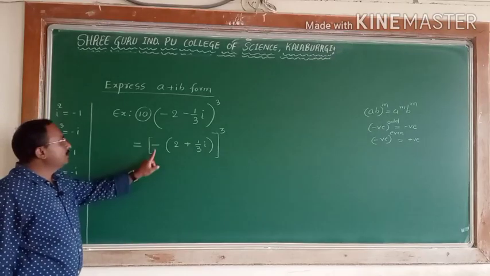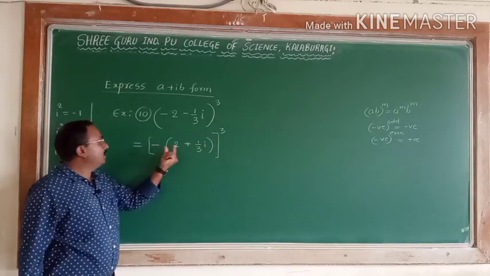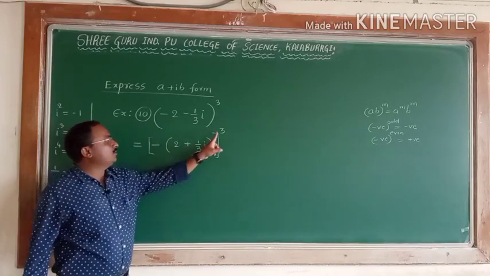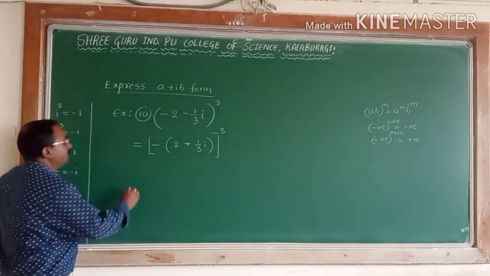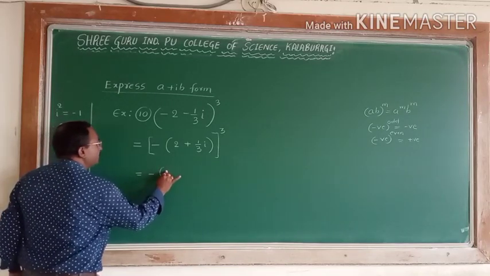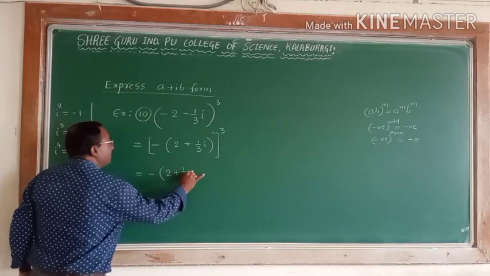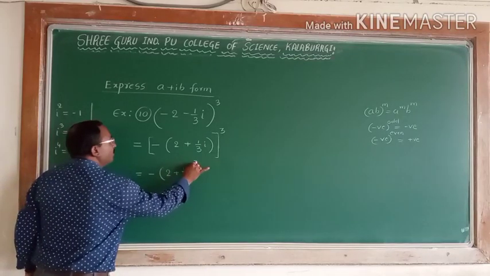That is negative to the power 3 is there. This is a, this is b. Negative to the power 3 is negative. Minus as it is, (2 plus 1 by 3 times i) whole cube.